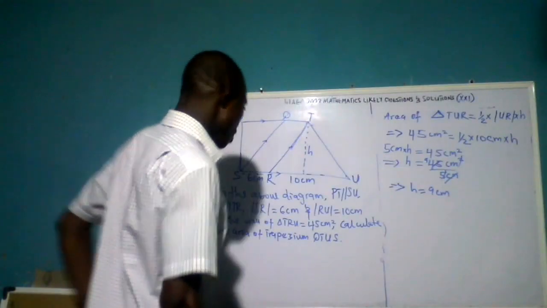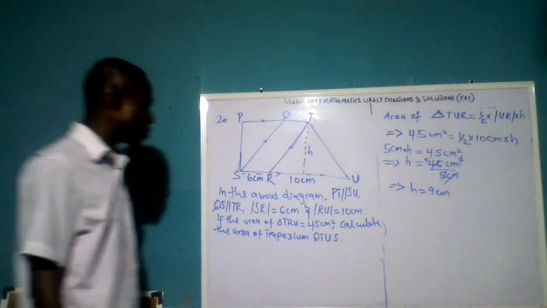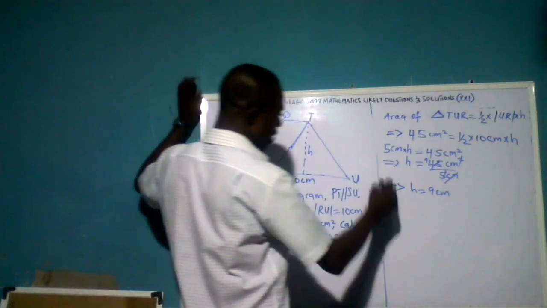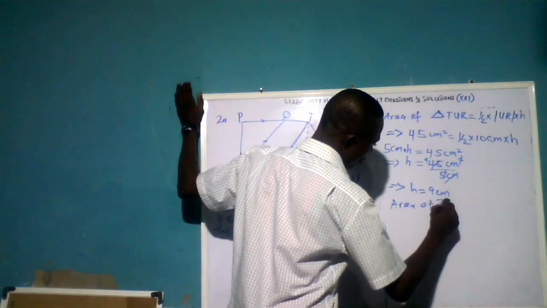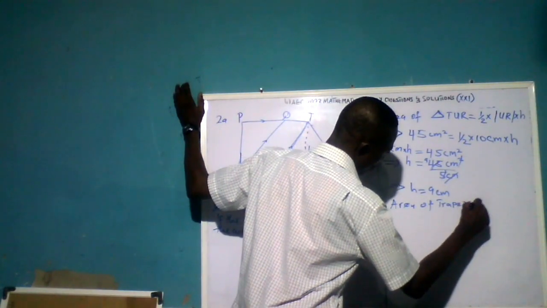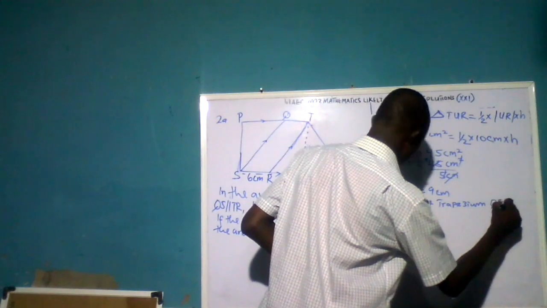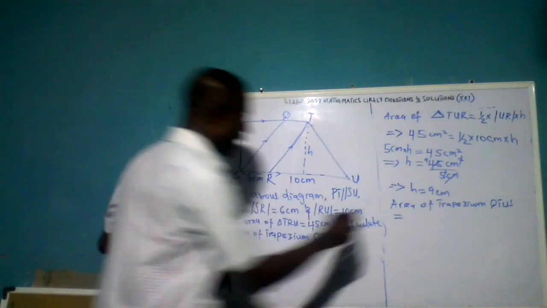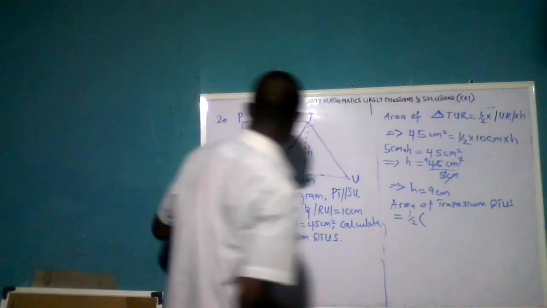Okay, and if h is equal to 9 centimeters, now let's look at the area of trapezium QTUS. Don't forget that the area of a trapezium is half of the sum of the two parallel lines.